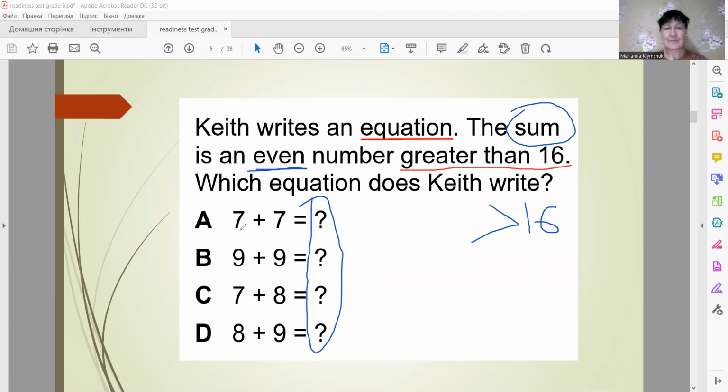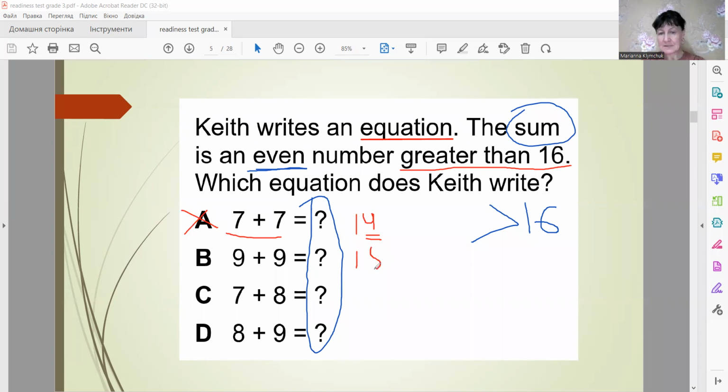So, yellow. 7 plus 7 is 14. 14, is it an even number? Yes, because it ends with 4. But is it greater than 16? No. So, not our answer, okay? Next, 9 plus 9, it's 18.